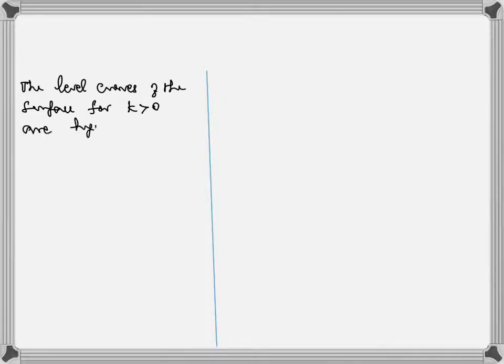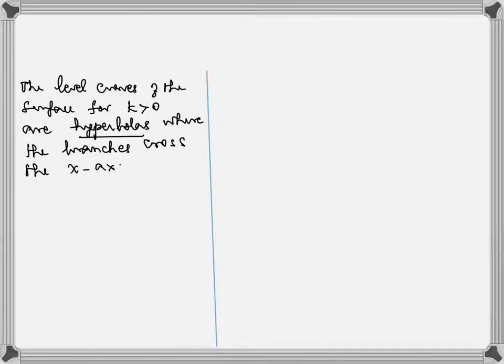Now if we take k to be negative, all the values that we showed before are k equal to either 0 or positive. So what happens when k takes up a negative value? The level curves of the surface for k more than 0 are hyperbolas where the branches cross the x-axis.